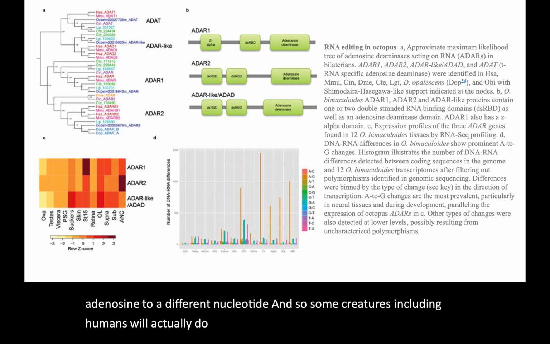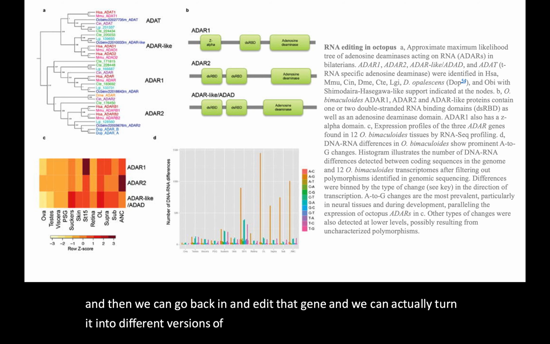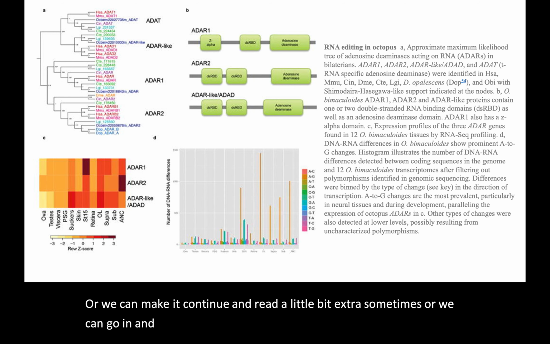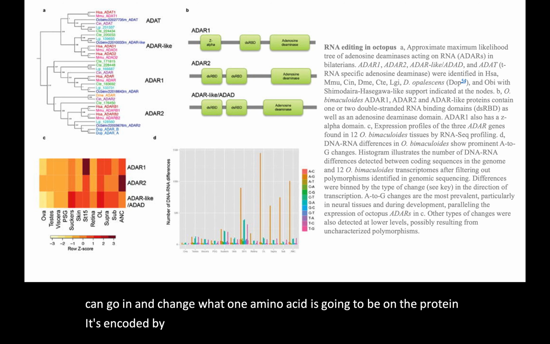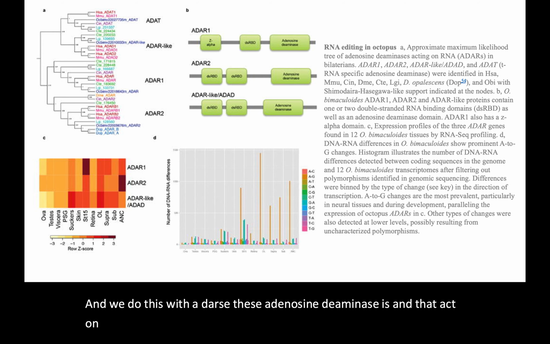So this is a way that we can make one gene and then we can go back in and edit that gene and we can actually turn it into different versions of the gene. We can make it stop, or we can make it continue and read a little bit extra sometimes, or we can go in and change what one amino acid is going to be on the protein that's encoded by the gene. And we do this with ADARs, these adenosine deaminases that act on RNA, ADAR.